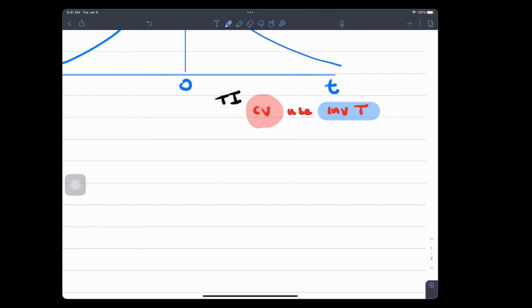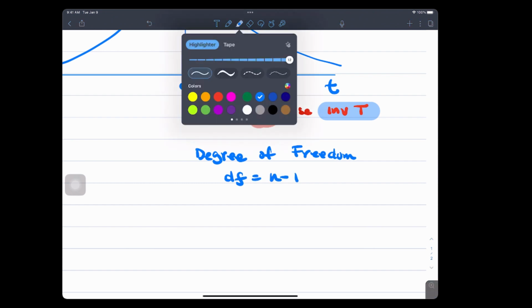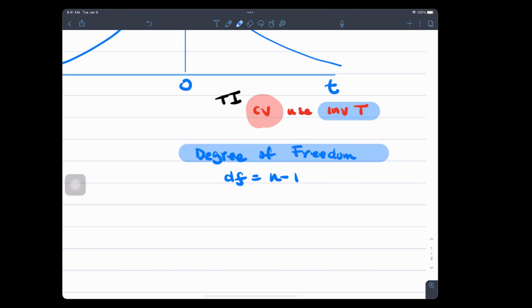Also, they give you a definition of what they call the degree of freedom, and that is actually one less than the sample size. Like I said, when you start to rely on all this technology, all these little details get watered down to some degree.